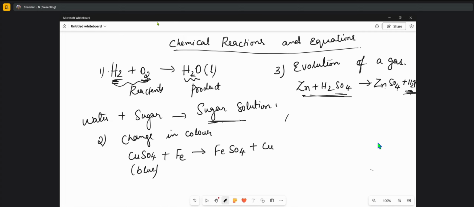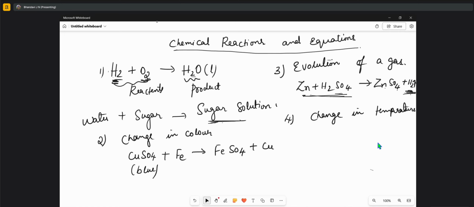Okay, next one, change in temperature. Change in temperature means whenever there is a reaction, there can be either an increase or a decrease in the temperature.